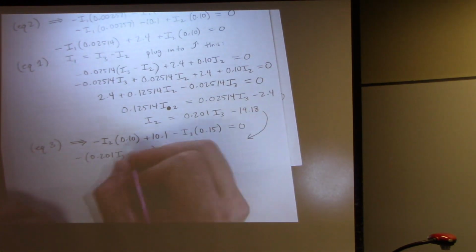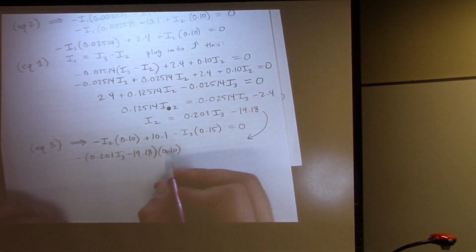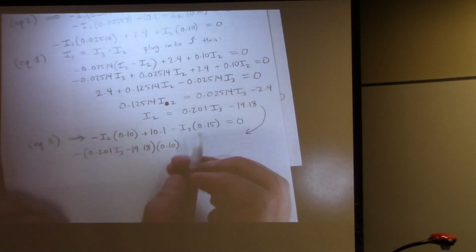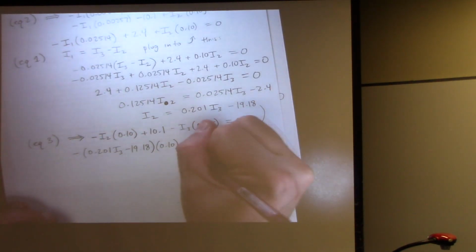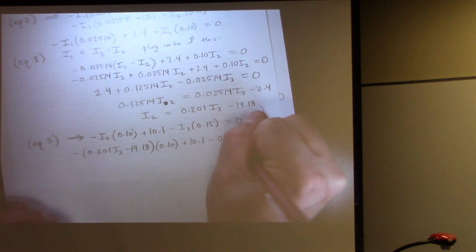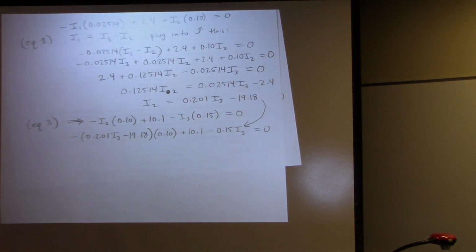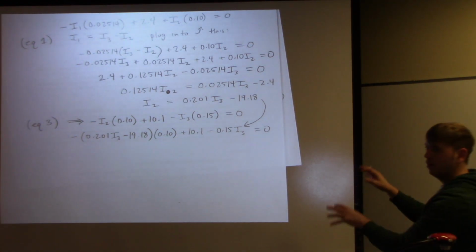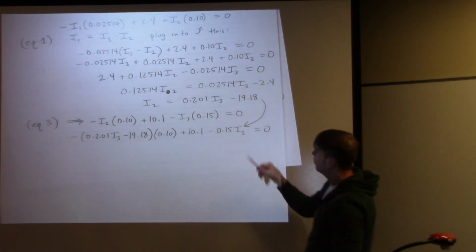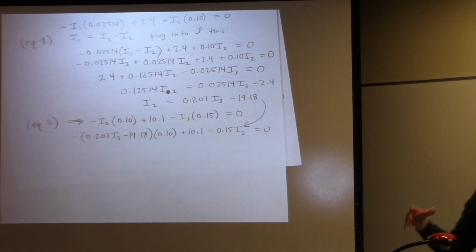That's I2 times 0.10, plus 10.1 minus 0.15 I3, that equals 0. Okay. So as a result of all this different substitution, now we have a single equation where the only unknown variable is I3, which at the end of the day is what we care about, because that's the current being delivered to the starter motor.